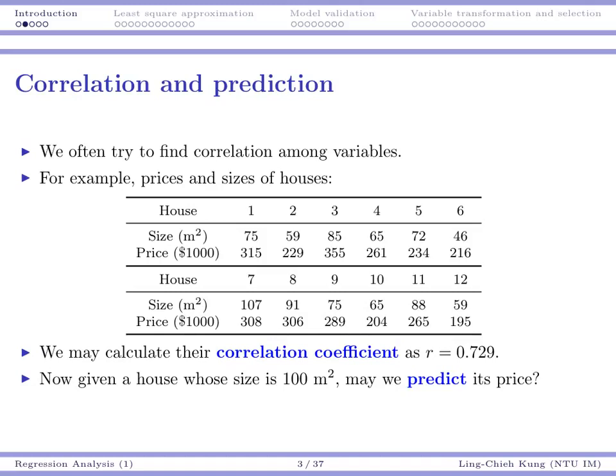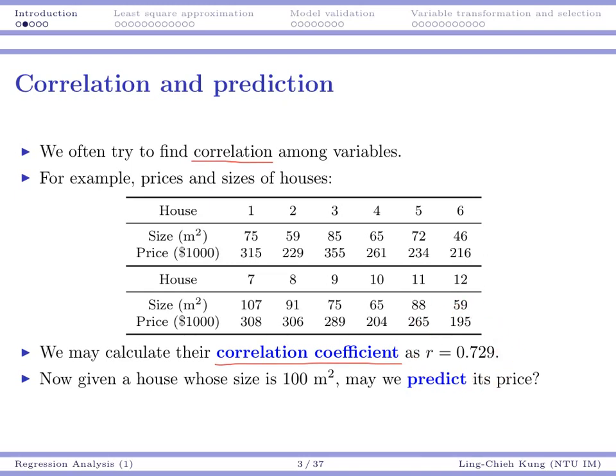So when we are interested in the correlation, obviously we may want to calculate the correlation coefficient when we have two variables. And if the two variables are both quantitative variables, then we can just apply the formula for the correlation coefficient. In this example, it's about 0.729.